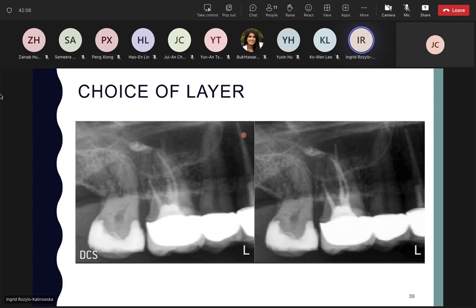And another panoramic machine that we have got in our department also offers choice of layer in radiography, but this time this is not automatic. This one is based on manual scrolling through the images in a selected region of interest. So a doctor wants to see, for example, upper first molar, and you know that these teeth usually have 3 roots and may have 3 to 4 root canals.